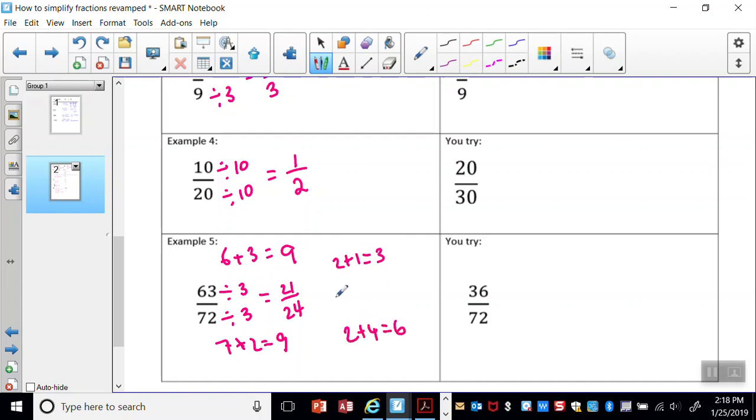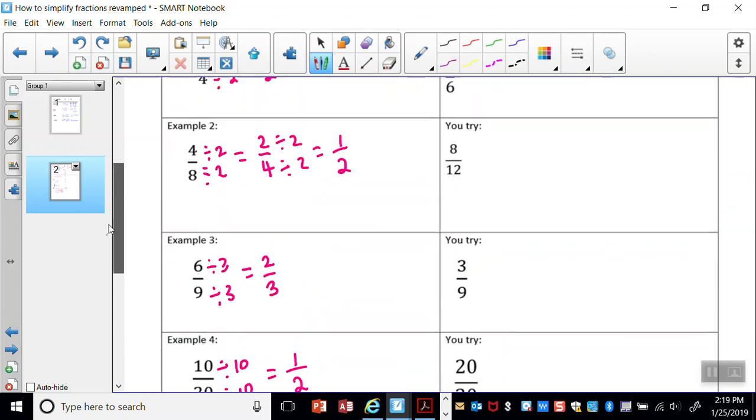So these numbers are divisible by 3. Divide by 3, divide by 3. 21 divided by 3 is 7, 24 divided by 3 is 8. Now this is the simplest form. You cannot simplify anymore.